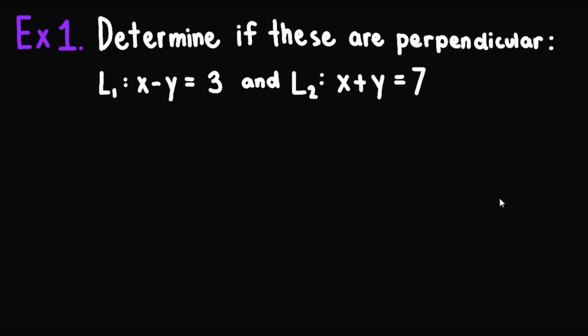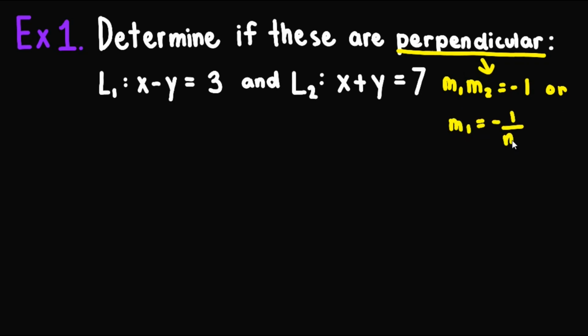Again, to determine if these are perpendicular, we either show that m sub 1 times m sub 2 is equal to negative 1, or m sub 1 is equal to negative 1 over m sub 2. Note that you can interchange m sub 1 and m sub 2 out here. It doesn't matter.